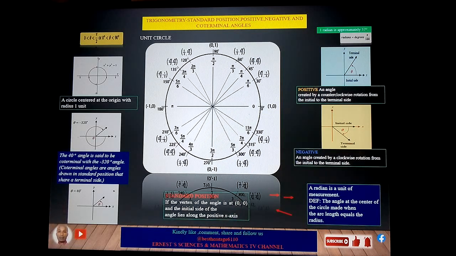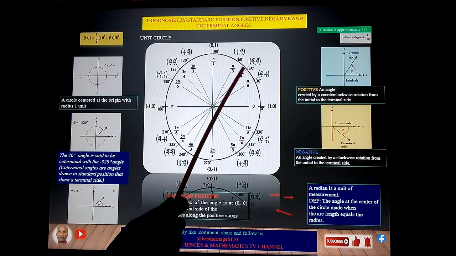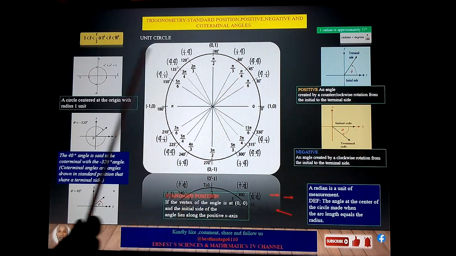So basically, the concept of radians is a measure of the same distance that is stretched along this arc, which is equivalent to the radius of the circle. Therefore, 1 radian is a unit or measure defined from the angle at the center of the circle that is made when the arc length equals the radius.